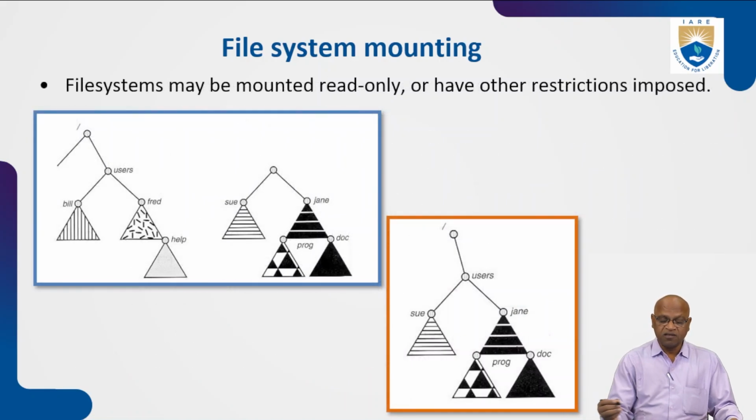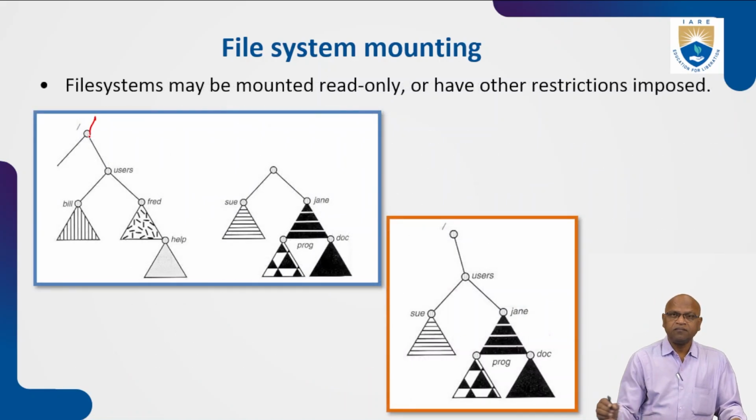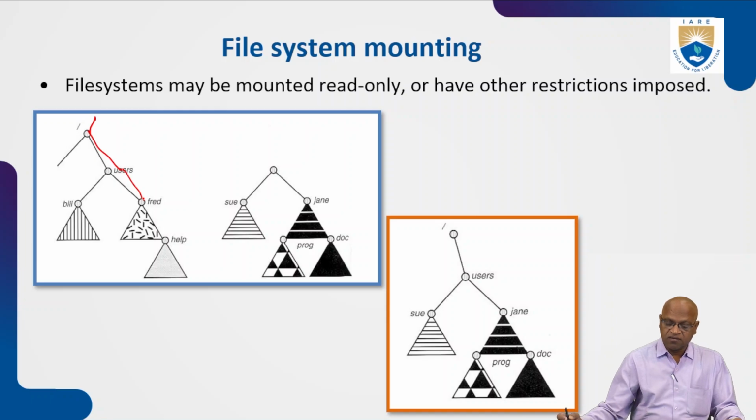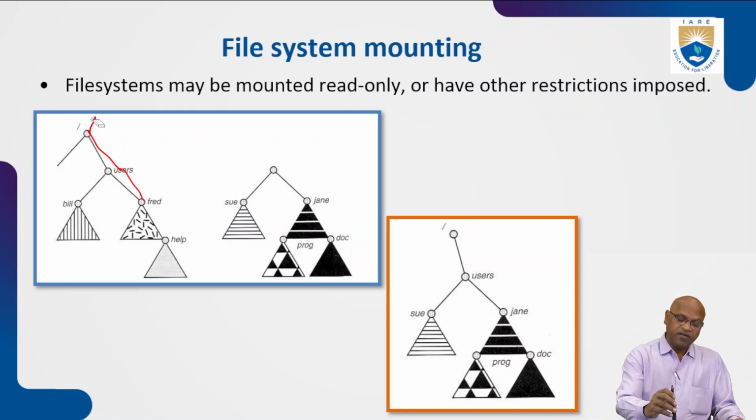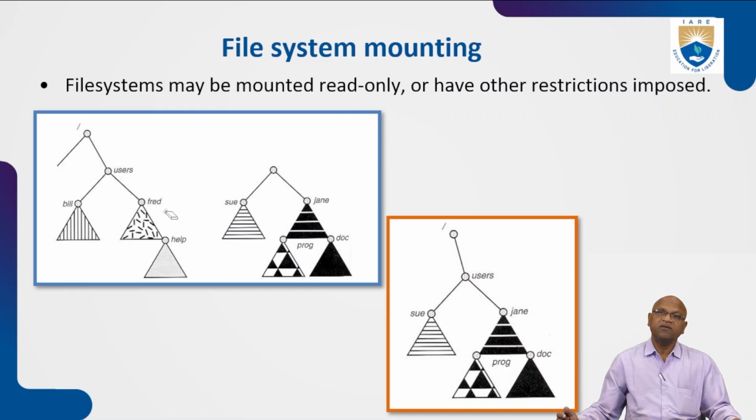This is the root, and from here there is another user, under which we are mounting the file. File systems may be mounted read-only or have other restrictions imposed. This is where we are placing the file in the directory, and that is nothing but file mounting.